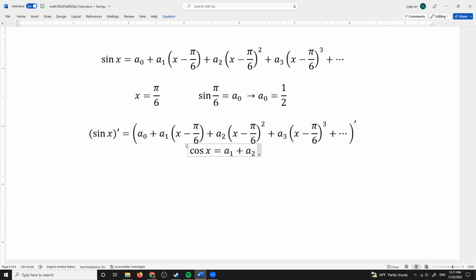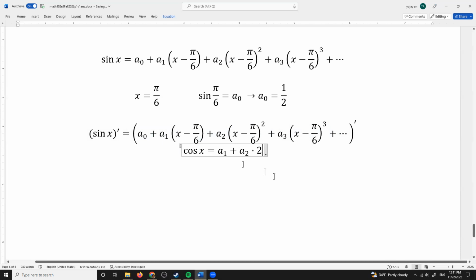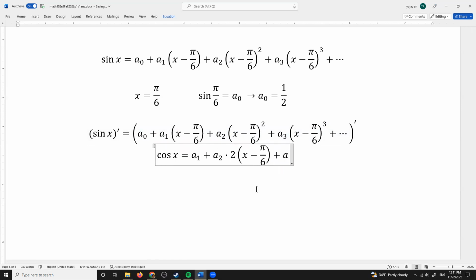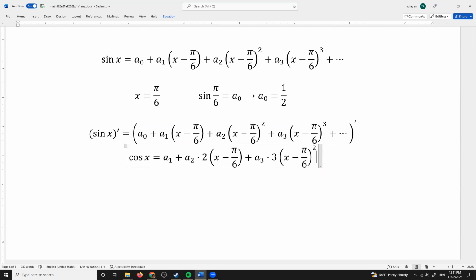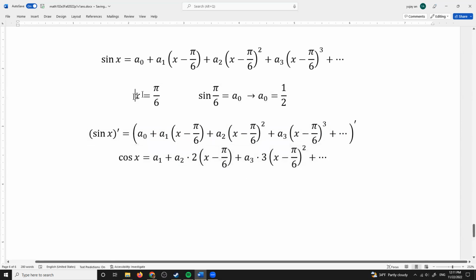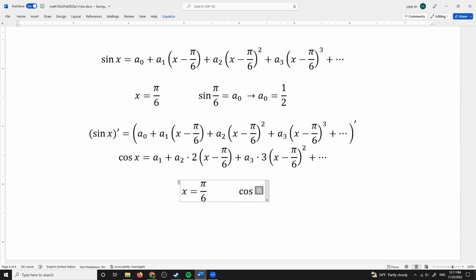Then a2 times twice this thing, plus a3 times 3 times this thing squared, plus and so on. Again you plug in x equals pi over 6 on both sides so that you get cosine of pi over 6 on the left side equal to a1. And because cosine pi over 6 is radical 3 over 2, that's the value of a1.